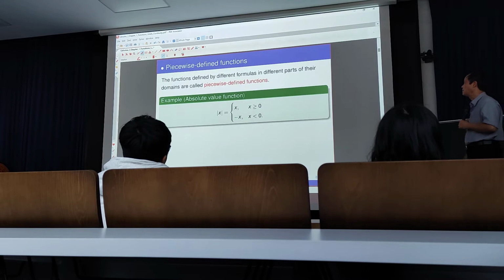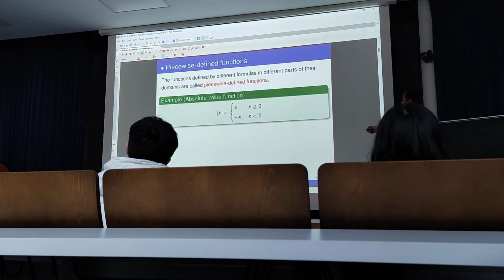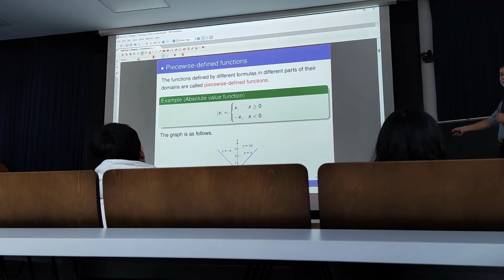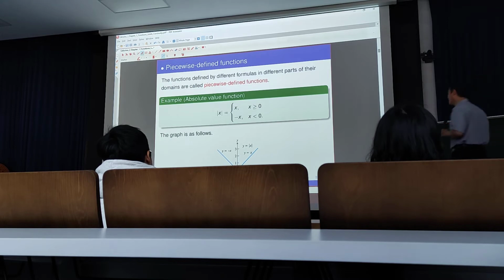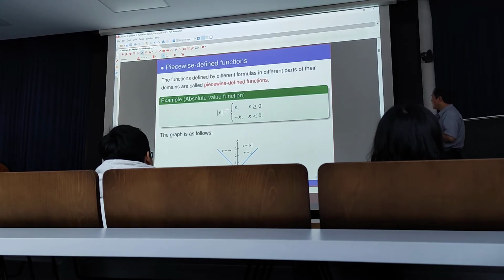For example, this one, the absolute value function, and you understand that the graph of this has a shape V, and this function sometimes is called the victory function because you have V. But that one, you see, you divide it.